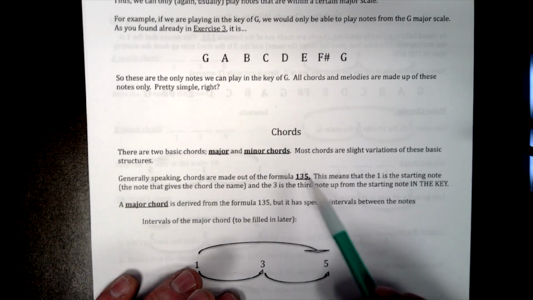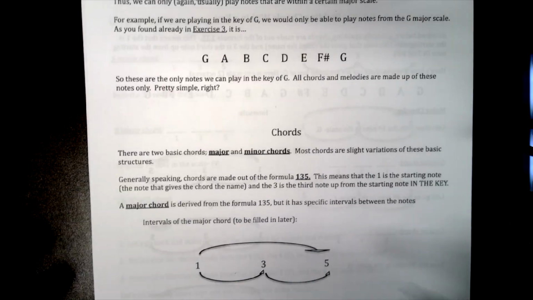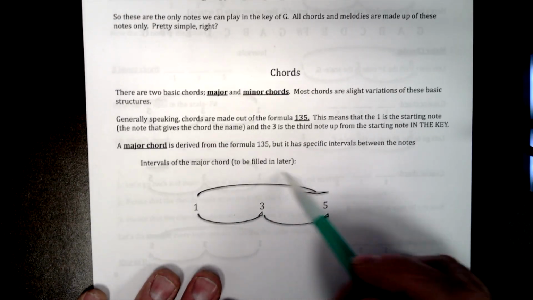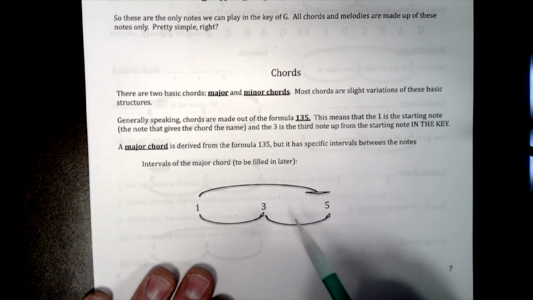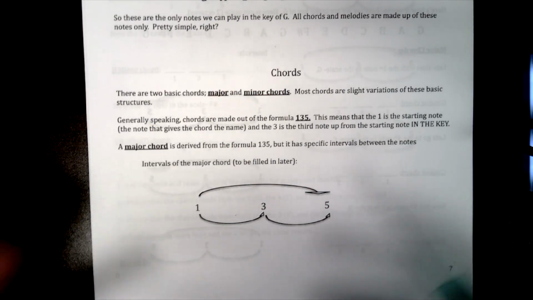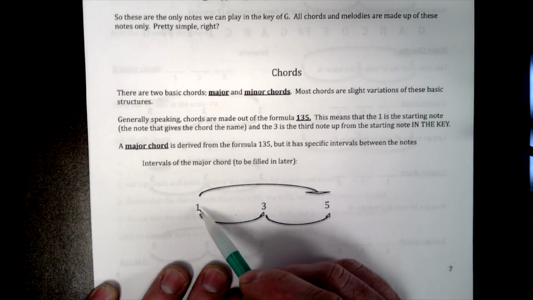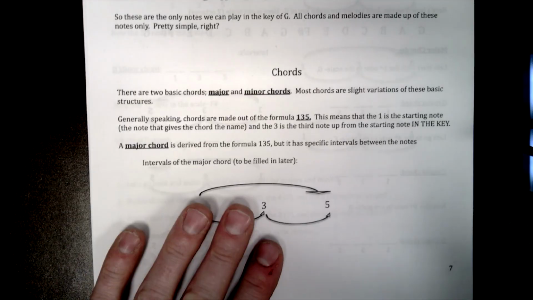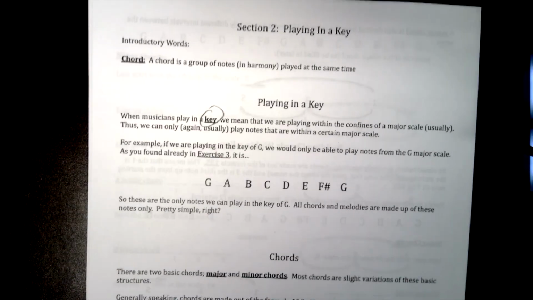This time we're just making this formula out of these. So I'll show you what that is. But it is important that we note what the intervals between these different things are for the major and the minor. That'll tell us some things. But so there's going to be a distance between 1 to 3, a distance between 3 to 5, and also between 1 to 5. So let's get into it.